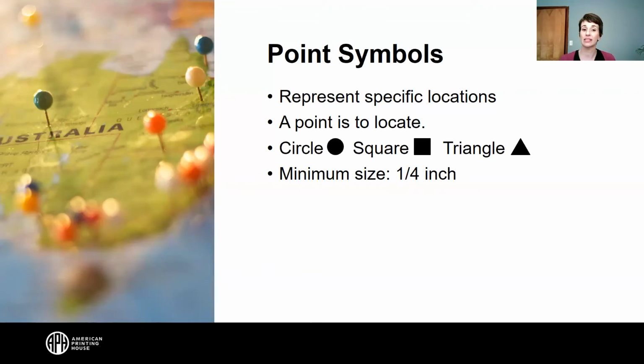Easier to recognize are the circle, square, and triangle. More difficult to identify are the cross and star. Minimum size, 1/4 of an inch. Scattered plot dots are an exception.